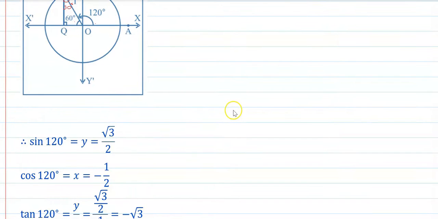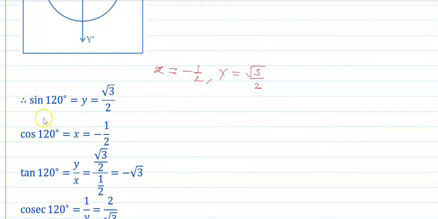Now we'll define the trigonometric ratios. What is here? X is equal to minus 1 upon 2 and y is equal to root 3 upon 2. Sine 120 is equal to y, therefore it is root 3 by 2.